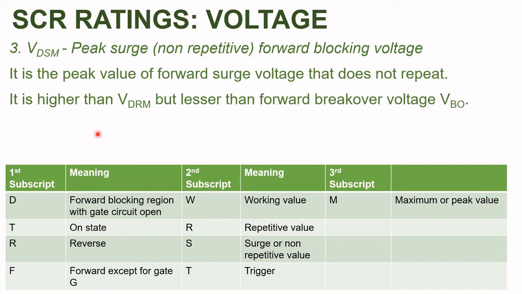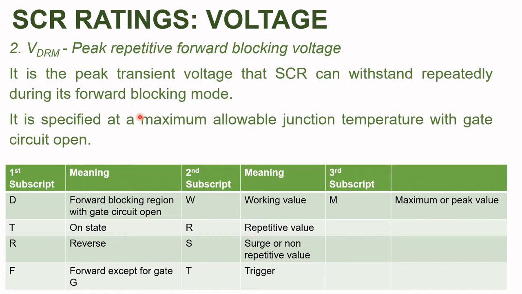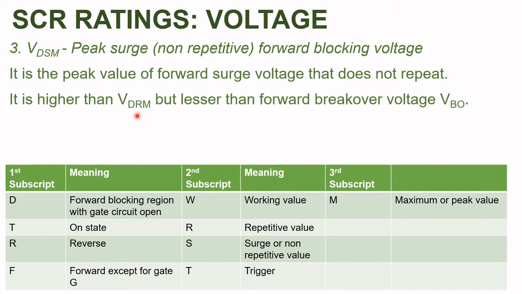The value of VDSM is higher than VDRM, that is the repeated peak value, or the earlier rating that we have seen, the peak repetitive forward blocking voltage. VDSM is higher than that of VDRM, but it is always lesser than the forward breakover voltage, that is VBO.